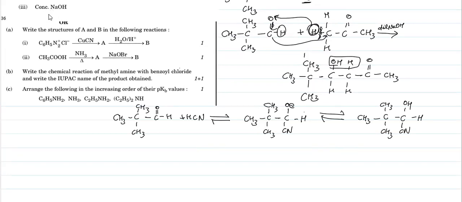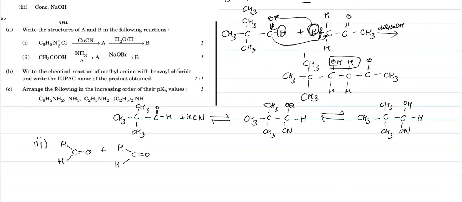The last one is concentrated sodium hydroxide. When you have concentrated sodium hydroxide, this is actually a named reaction, that is Cannizzaro's reaction. In the Cannizzaro reaction, let's say, for example, we have 2 molecules of formaldehyde. This is a basic reaction for Cannizzaro.